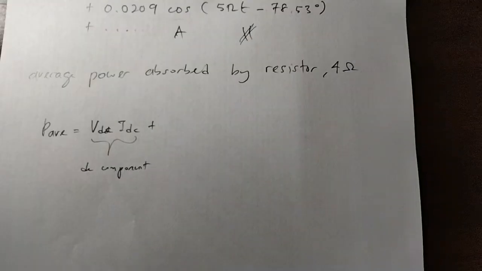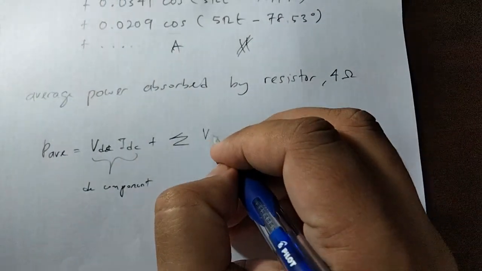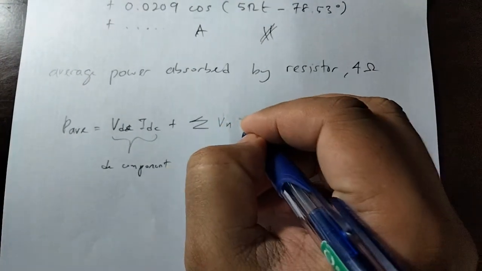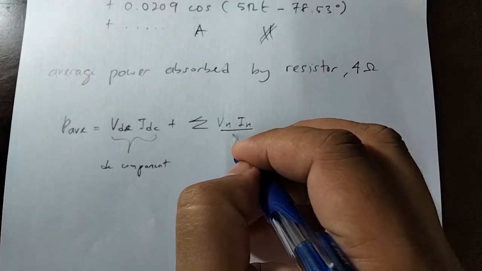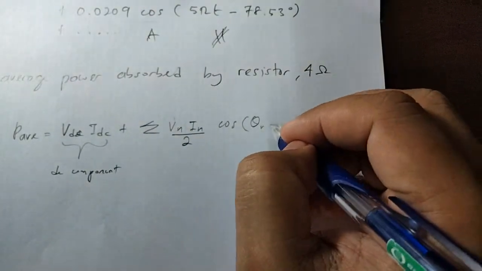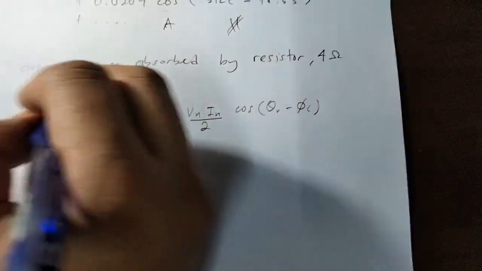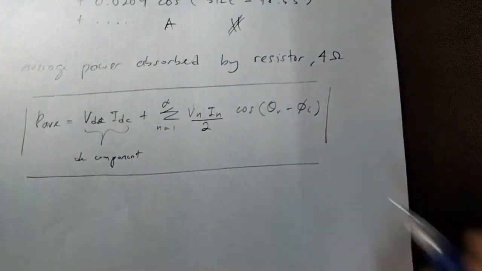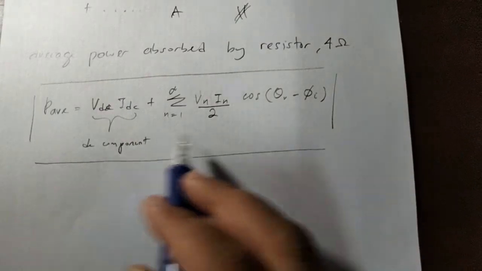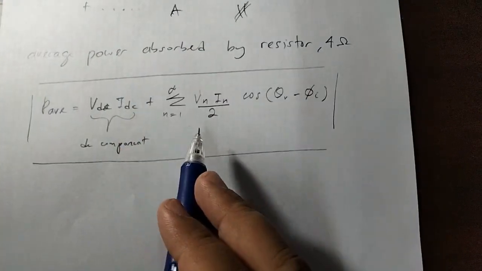There's no DC component, so we can just remove that. But the equation is basically summation of V_n I_n. So this is the AC component divided by 2, and then cos, this is the angle for the voltage minus angle for the current, right? So this is the equation for the P average. So this is the DC component, this is the AC component, so we have to calculate for n equals 1 until infinity. So in this case we have n equals 1, 3, and 5.